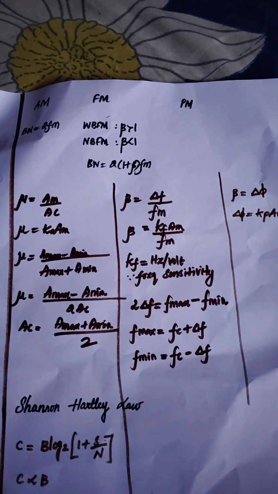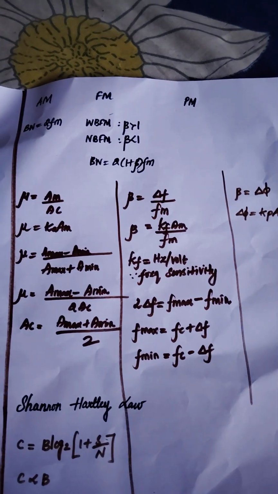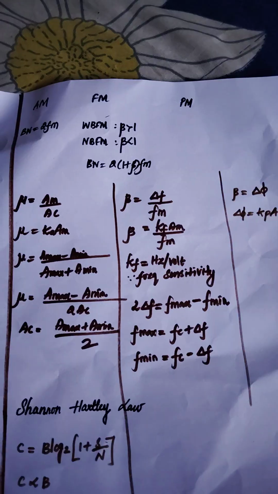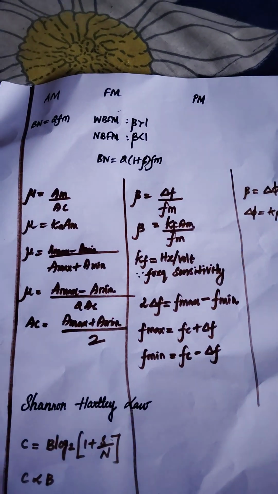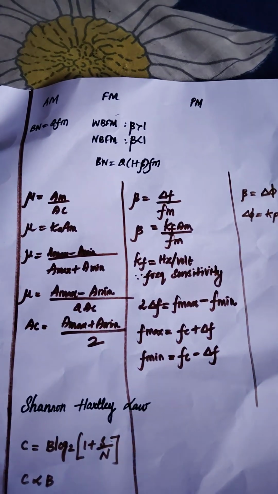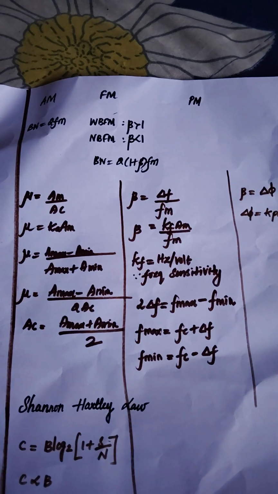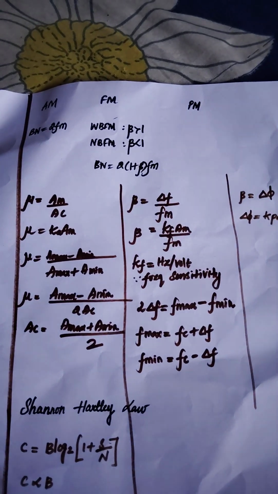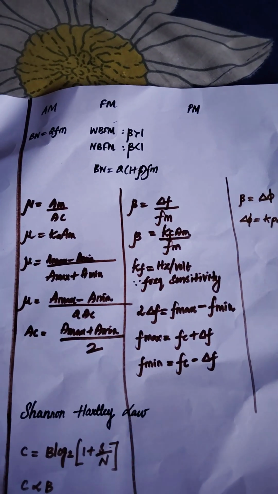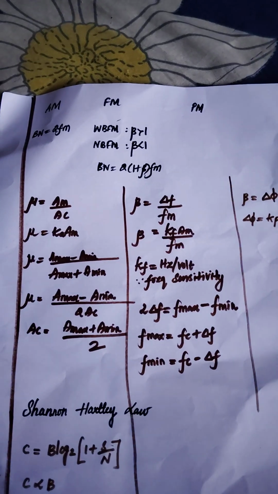First I'm going with modulation: amplitude modulation, frequency modulation and phase modulation. I'm just going to share the one and only formulas. It will help you. The bandwidth of amplitude modulation is equal to 2 FM.